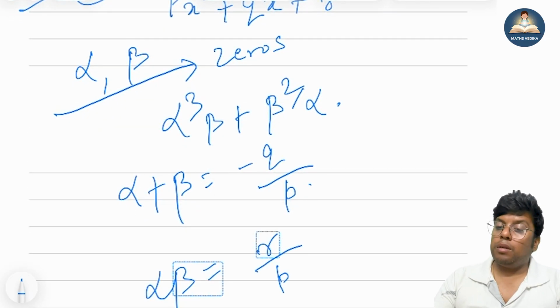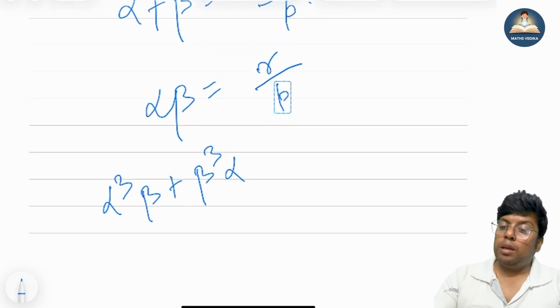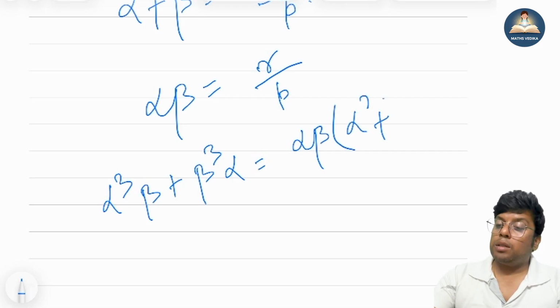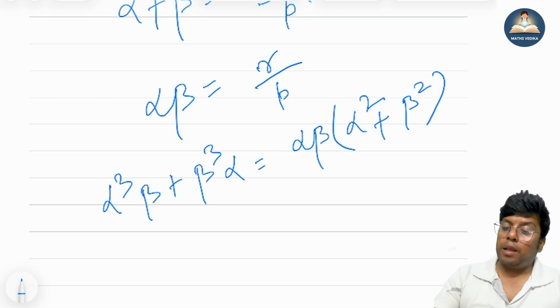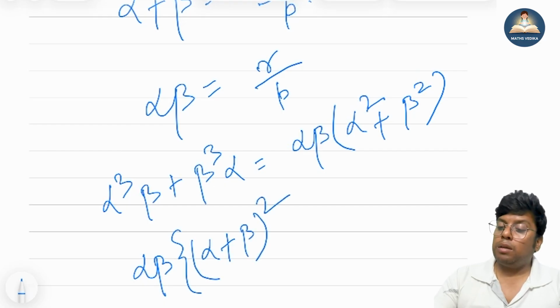Okay, alpha cube beta plus beta cube alpha can be written as, let us take alpha beta common, so we'll have alpha beta into alpha square plus beta square. Okay, alpha square plus beta square will be written as alpha plus beta whole square minus 2 alpha beta.